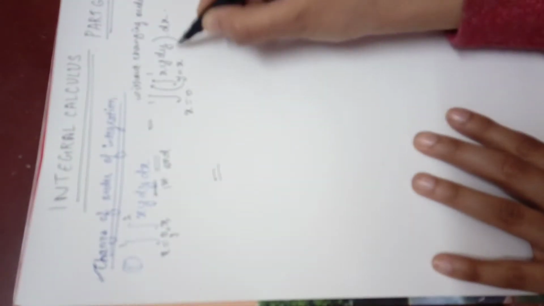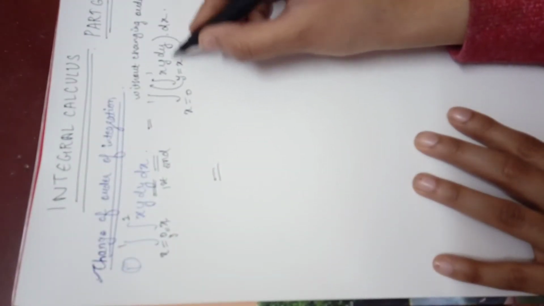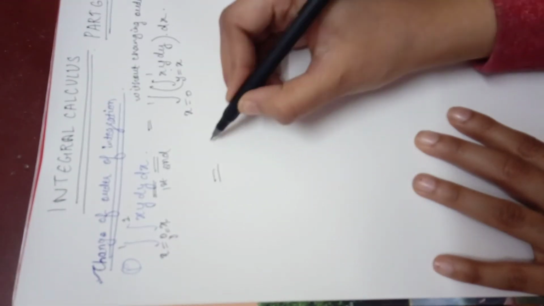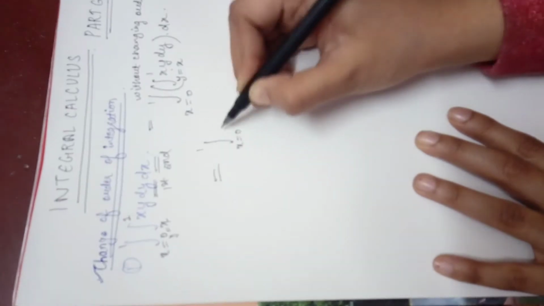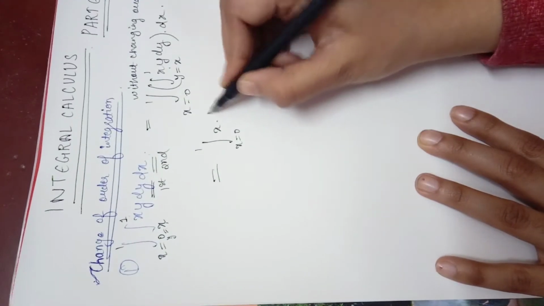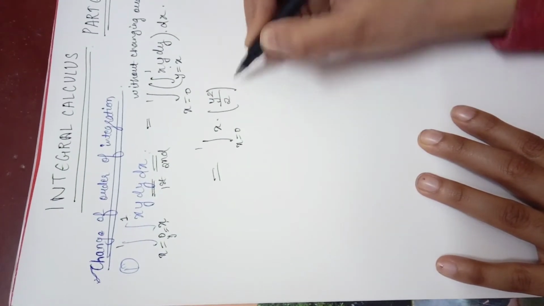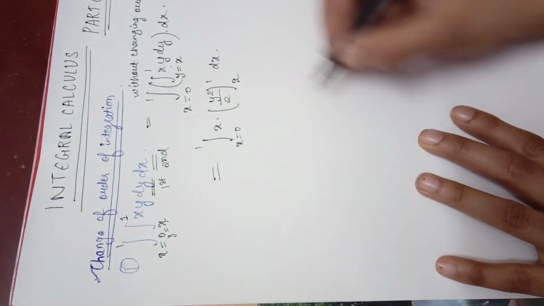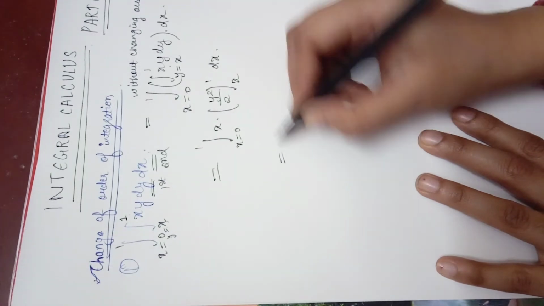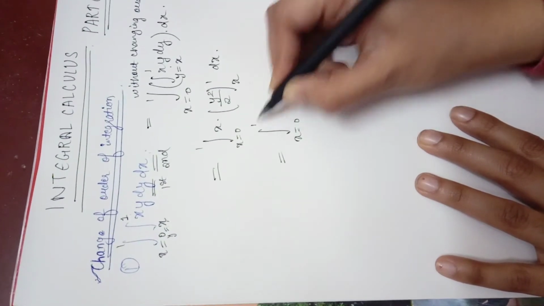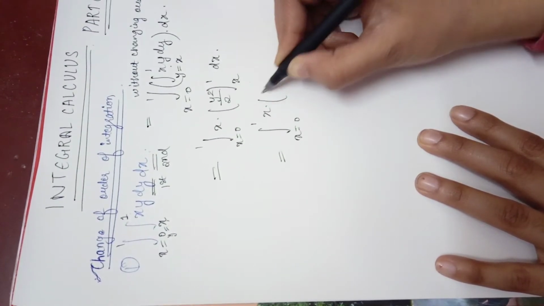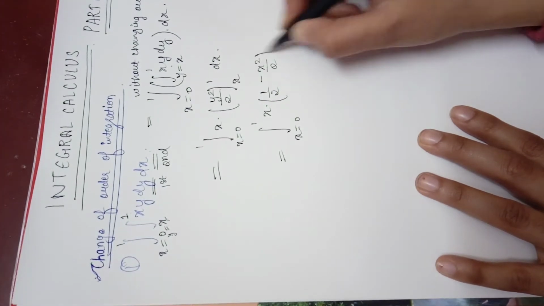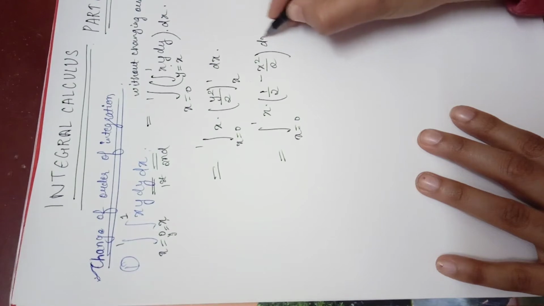Now this is y dy. x can be taken outside because it is independent. So x is 0 to 1, x is outside, y dy becomes y square by 2, with limits x and 1, and dx outside. Further solving it, x is 0 to 1, x times 1 by 2 minus x square by 2, dx.